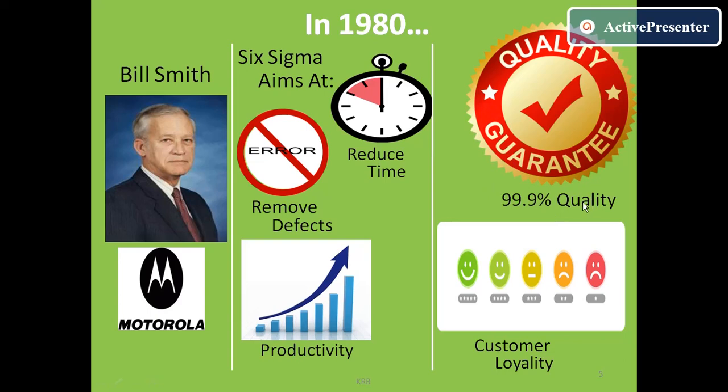Also, customer loyalty or customer feedback is the main focus of every product, so the customer loyalty points should be highest for the organization's product. Six Sigma assures that after using its methods, you can achieve 99.9% best quality of the product as well as the highest customer loyalty points.